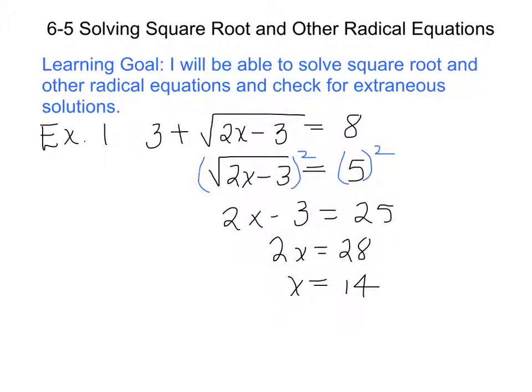And always, always check your answers, because you may get what is called an extraneous solution, meaning you got a solution, but it did not work in the original equation.